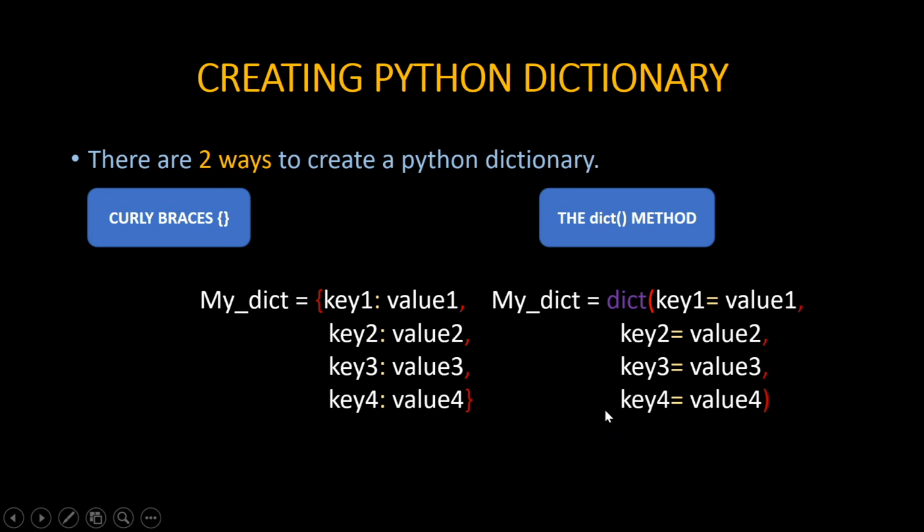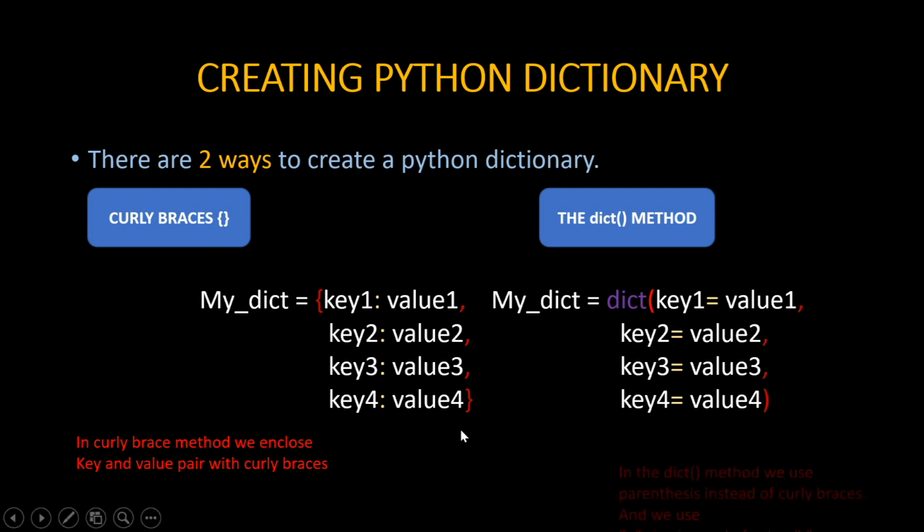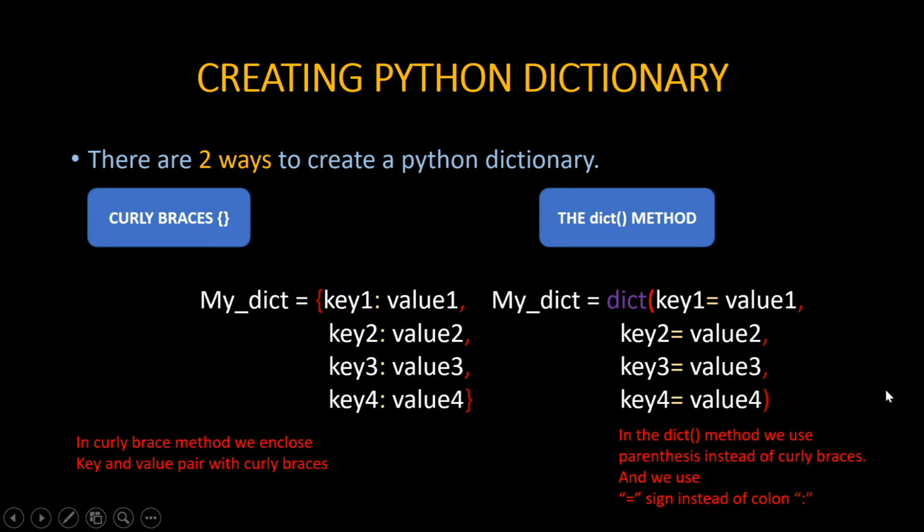After the last pair we have to replace the comma with a closing parenthesis. So in the curly brace method we enclose the key and value pairs with curly braces, as you can see here. But in the dict method we use parentheses instead of curly braces, and we use an equal sign instead of a colon.